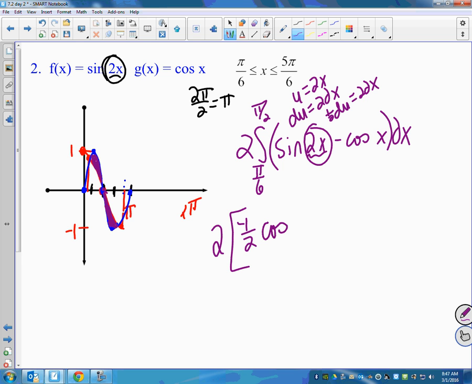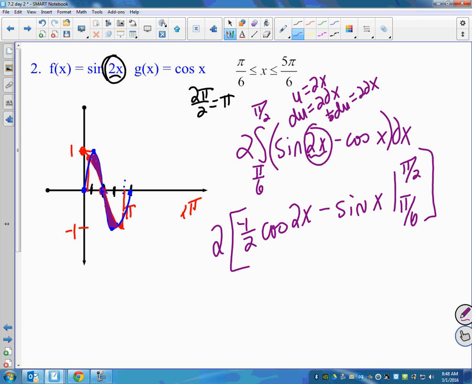Negative cosine of, you always check by taking the derivative and making sure that it equals sine, but you have to counteract the two. Minus the integral of cosine is just sine, from pi over 6 to pi over 2. And then don't forget that we're doubling it because we're just doing one.